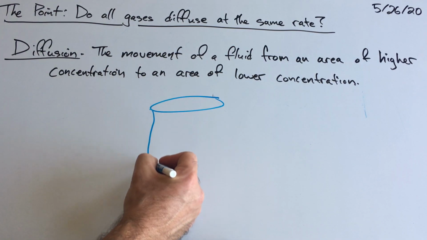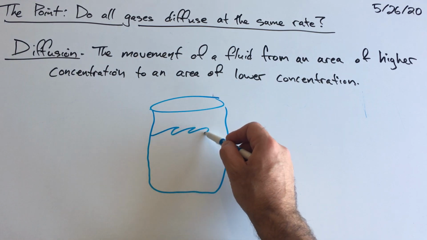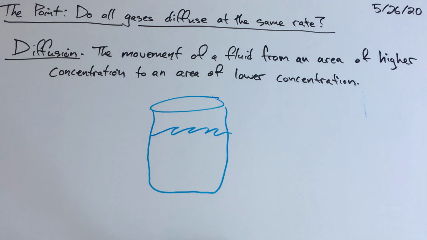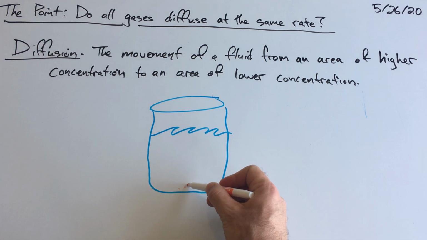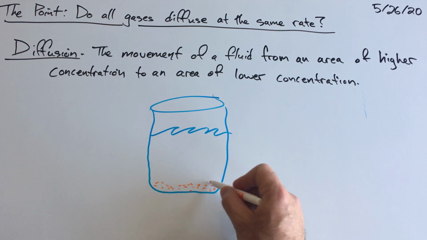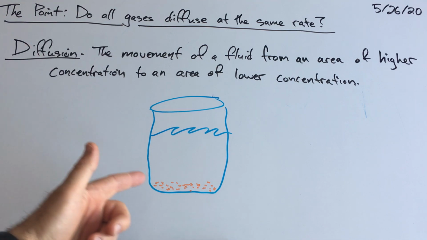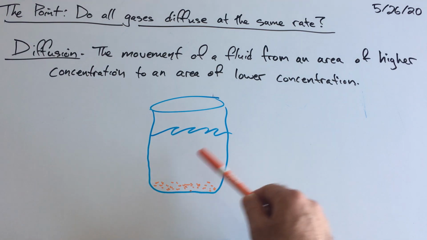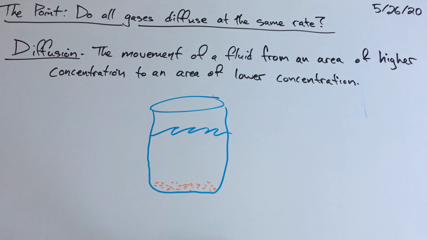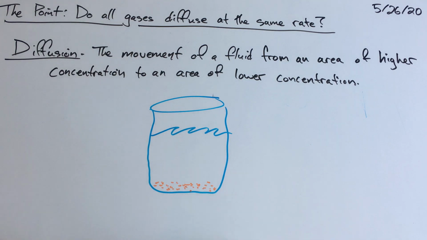So let's say that I have a cup here, and it's full of that magical substance called water, right? And if I put some lemonade powder in the bottom, we know from our solutions unit that this would become a solution, but first we'd have to agitate it. But there are actually microcurrents in here, and if I wait long enough, a couple of days, what would happen?